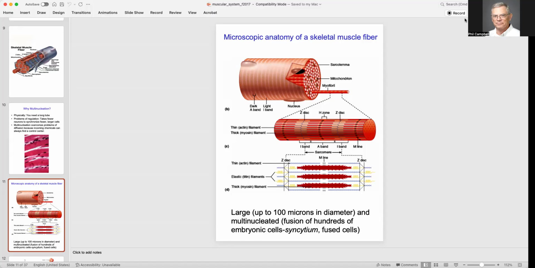Now, the thick filament, that dark red, represents the myosin molecules all grouped together. They are anchored to respective Z discs via an elastomeric element. We'll talk about that in a moment. But basically, they're held in place at the M line. They are fixed within the sarcomere.